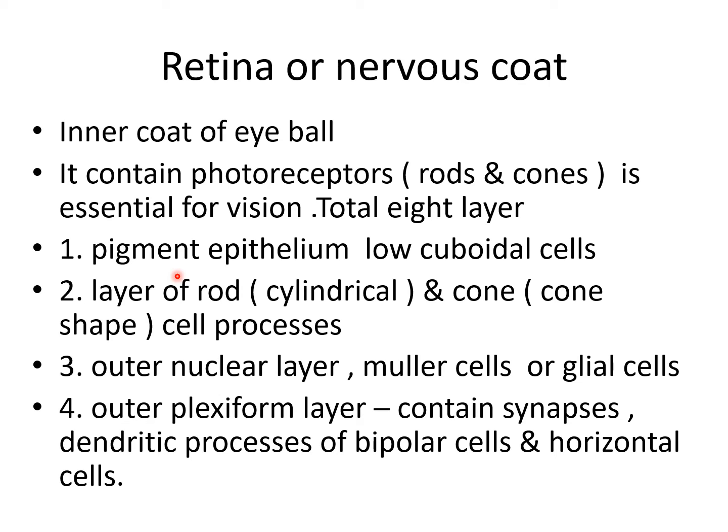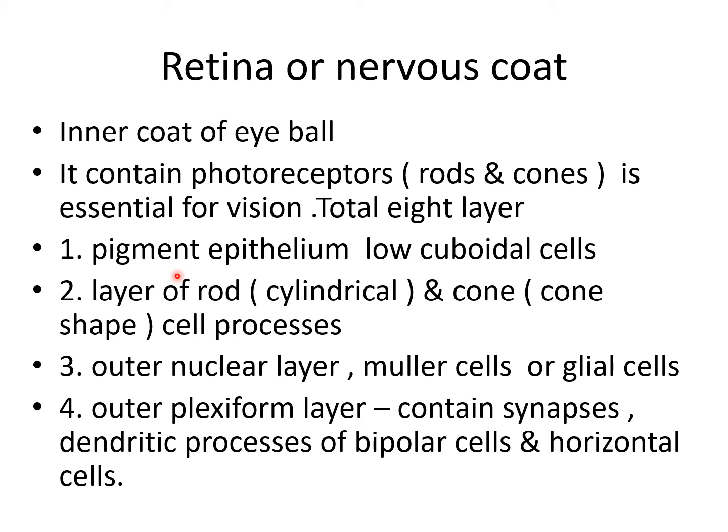The distal part of the diverticulum forms a round, hollow structure called the optic vesicle. This vesicle is invaginated by the developing lens so that it is converted into a two-layer optic cup. Then it forms the pigmented cell layer. The nervous layer of the retina is developed, the ciliary part of the retina is developed, and the iridial part of the retina is developed. So this is the development of the retina.